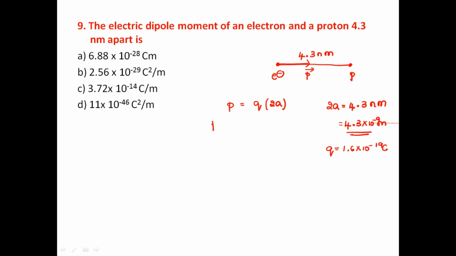I can write P is equal to 1.6 into 10 to the power of minus 19 into 2a, which is 4.3 into 10 to the power of minus 9. What are you going to get as the value of P? It is 6.88 into 10 to the power of minus 28 coulomb meter. Hence the correct answer is option A.